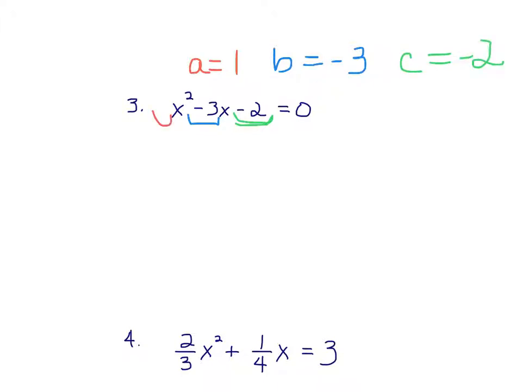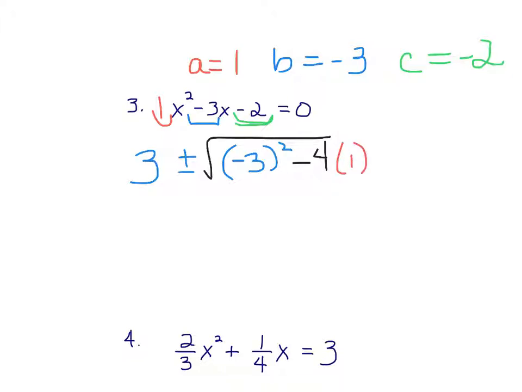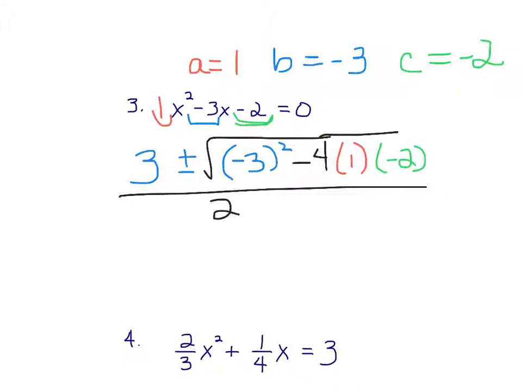Now that I've found A, B, and C, I can plug it into the formula. Again, I think of it as opposite of B. So 3 plus or minus the square root of B squared minus 4 times A times C, all divided by, in the denominator of the fraction, 2 times A, which is 1.